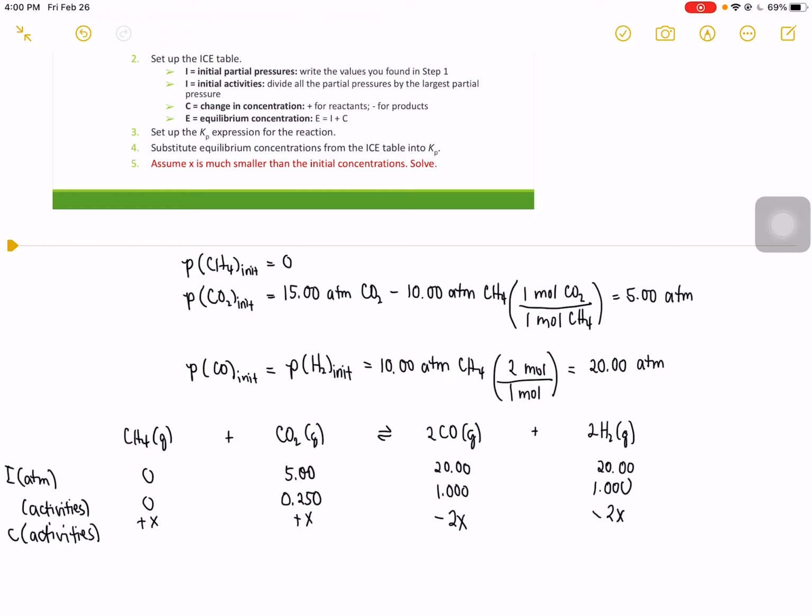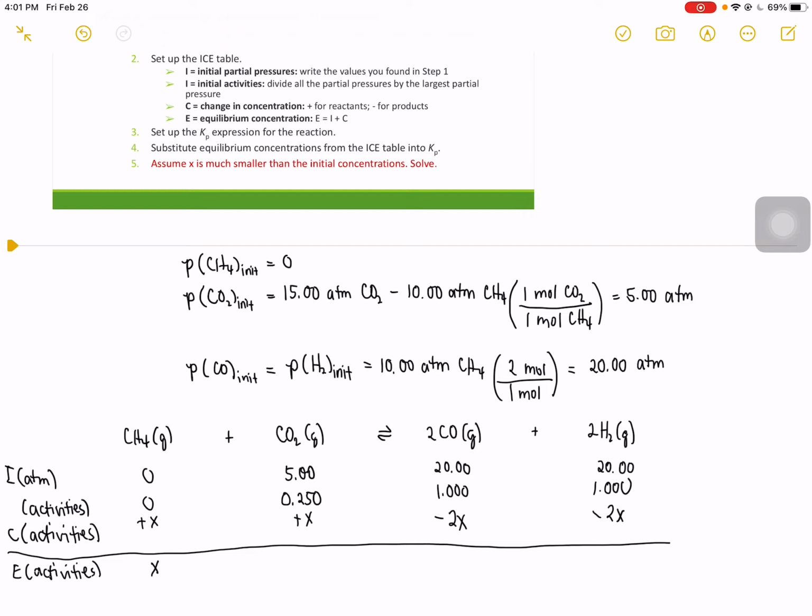The quantities of these reactants that are reformed are unknown, so we signify them as X. So that at equilibrium, we simply sum up the initial activity of each chemical species with a change in its activity to give us the following.